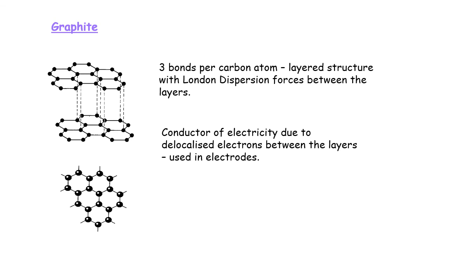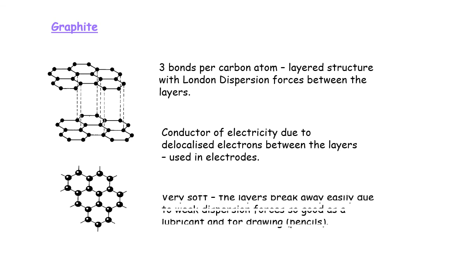Graphite is unusual because it can conduct electricity even though it is covalent. This is because each carbon is only forming 3 bonds and has a leftover electron, which becomes delocalized. And finally, because the layers are held together by London dispersion forces, which means they can easily be broken away, graphite can be used as a lubricant for machinery, so a solid lubricant rather than a liquid.